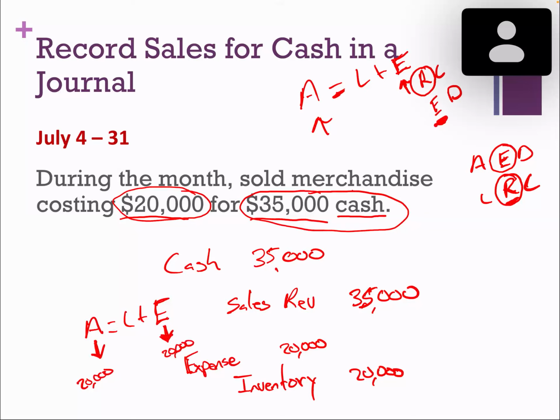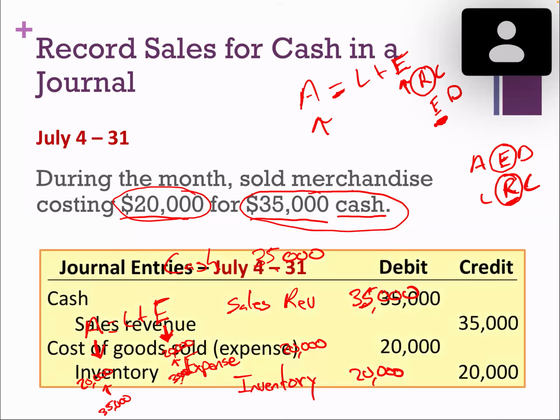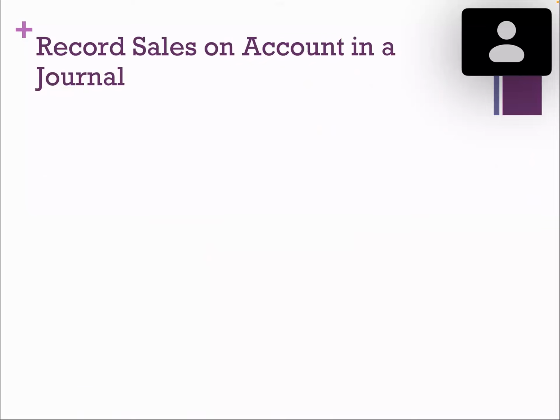Now the interesting thing is you also have $35,000 going up and $35,000 going up, okay, for the revenue. So that's why you have two journal entries. Okay. You can see it there. You should go through it on your own. Okay.